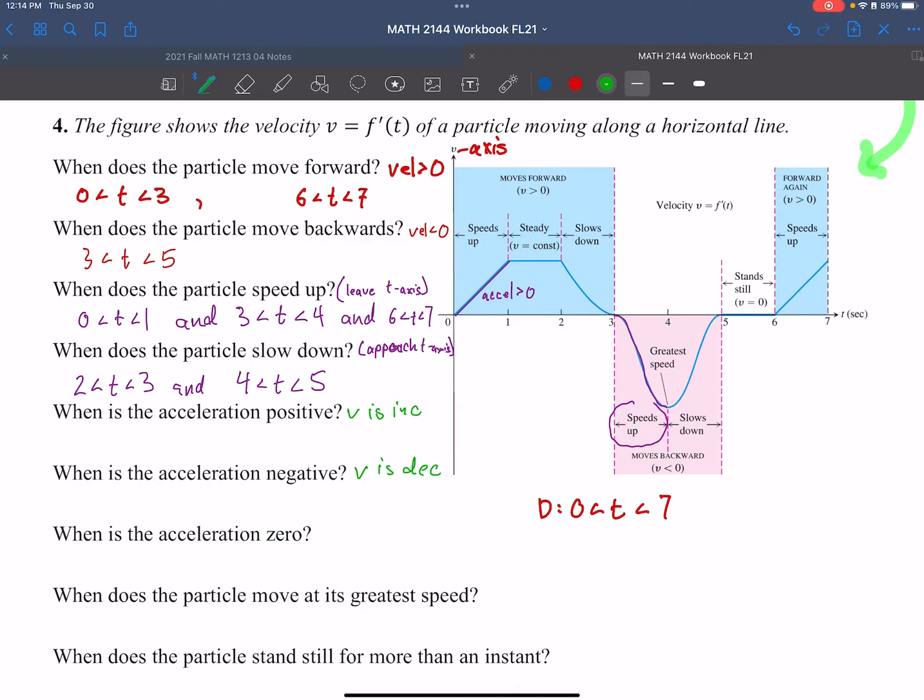And when acceleration is 0, what can you say about the graph of the velocity? It's going to be constant. It is constant.